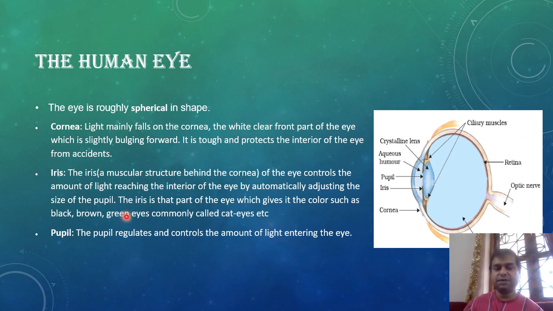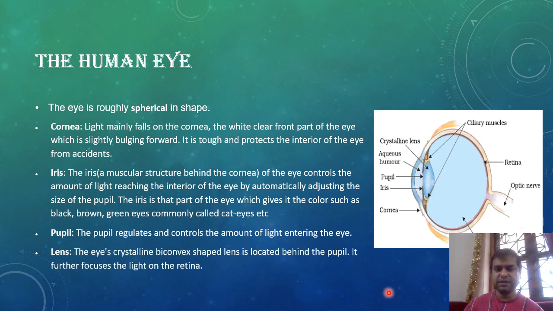First the iris comes into play, which gives an automatic signal for our eyes to close or shut. But there is a certain amount of light that would have already passed through the iris. In that case, the pupil regulates the amount of light that is actually entering the interior of the eye.